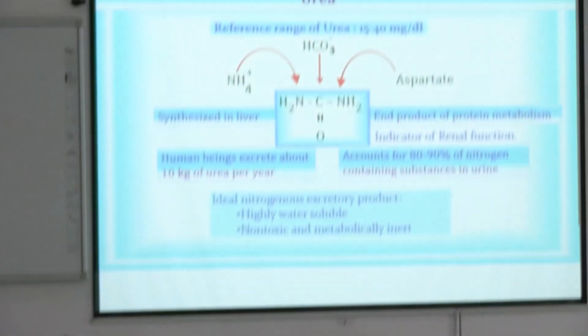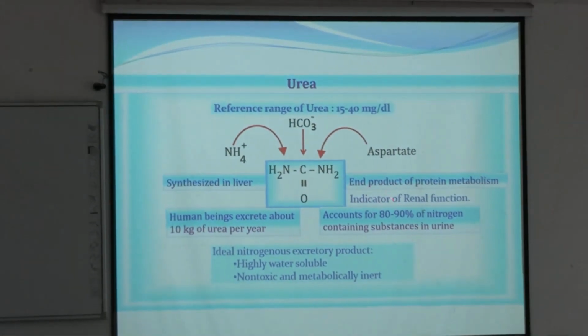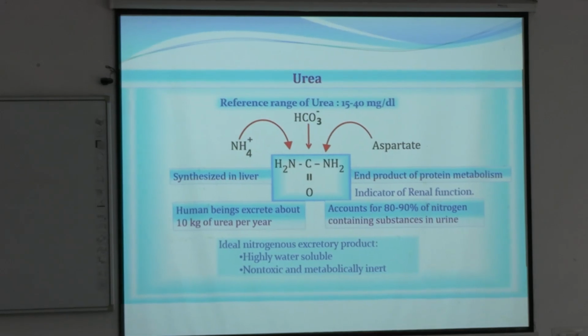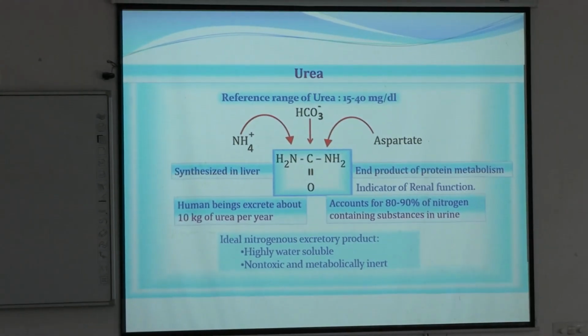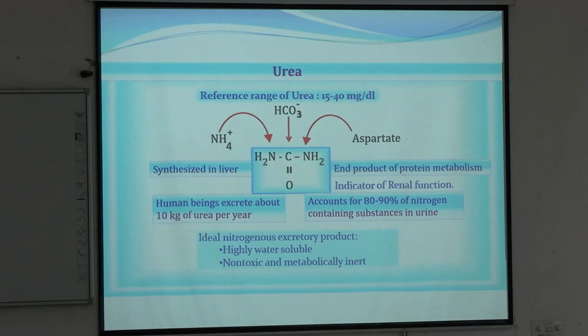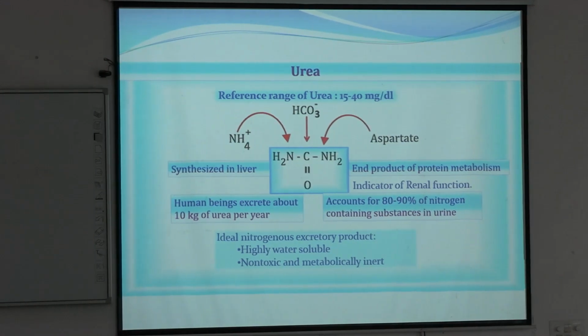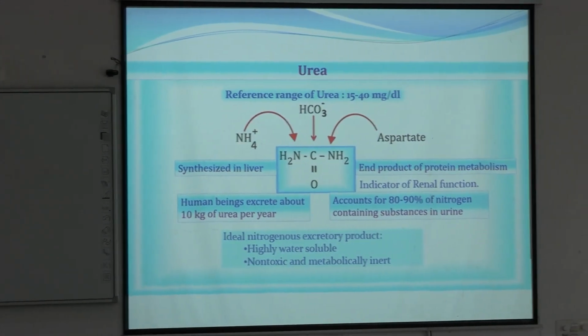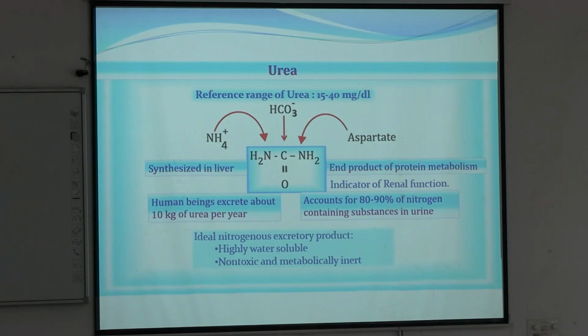Most important thing about urea is that it is an indicator of renal function tests. Can you name another indicator for renal function test along with urea? That is creatinine. Very good. So urea and creatinine together form the renal function test parameters. It accounts for 80 to 90% of nitrogen containing substances in urine.